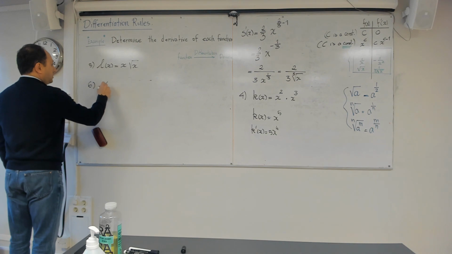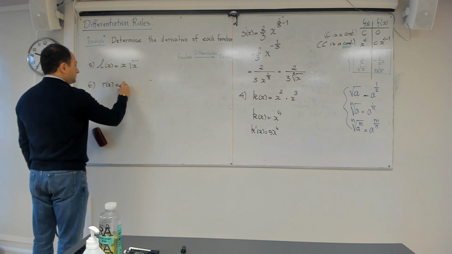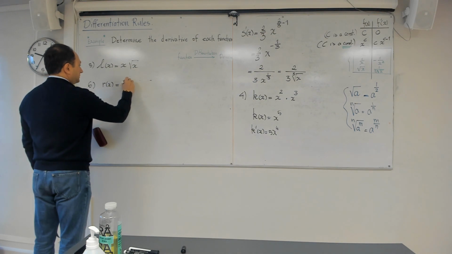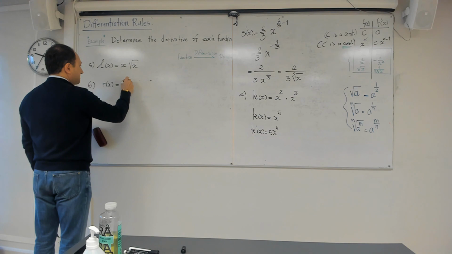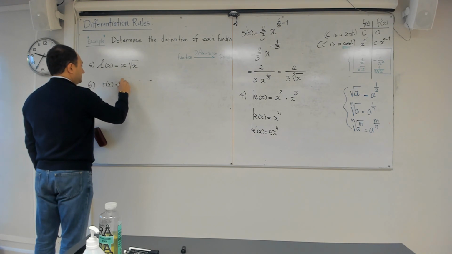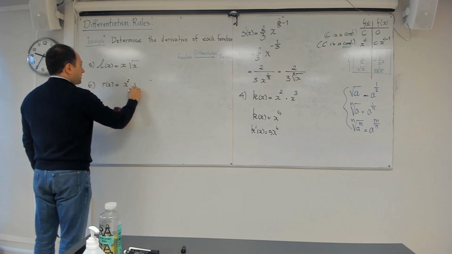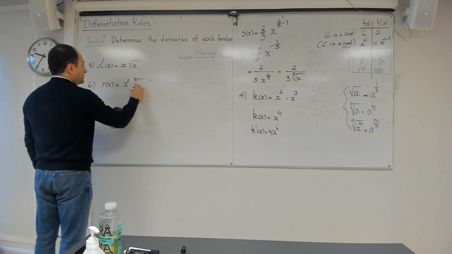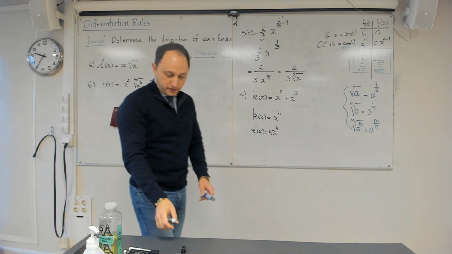So for example, r of x is equal to x squared times the 5th root of x cubed. I want to wait for you to do these two things.